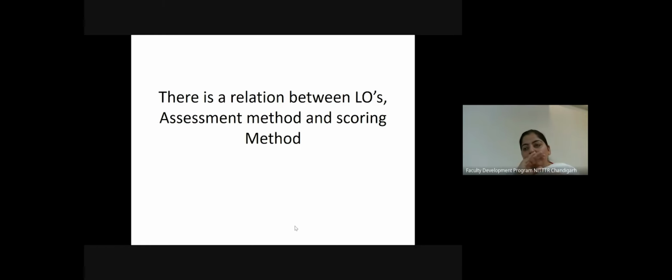So in the time to come, when the millennium generation enter in a technical education system or in engineering institutions, the way we were teaching, the way we were designing assessment method and scoring method are going to be different. जो हमारा primary education system है, that is following the 3 domains of education.